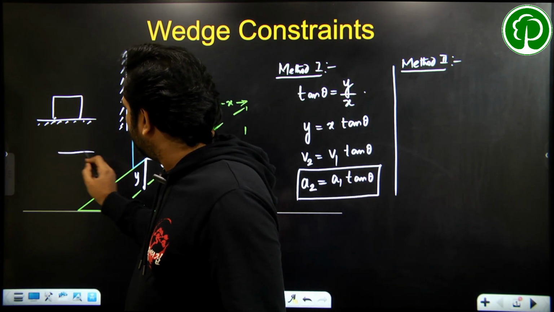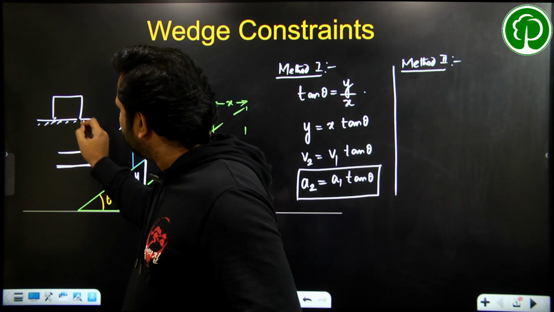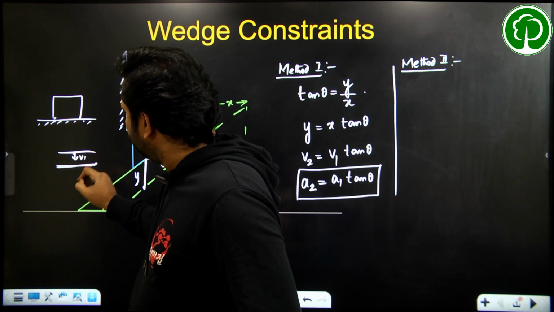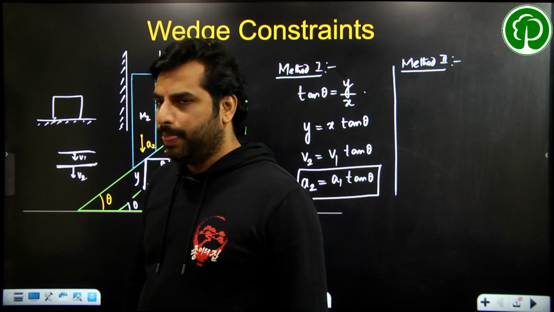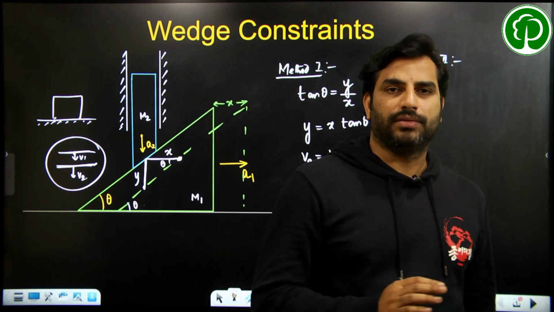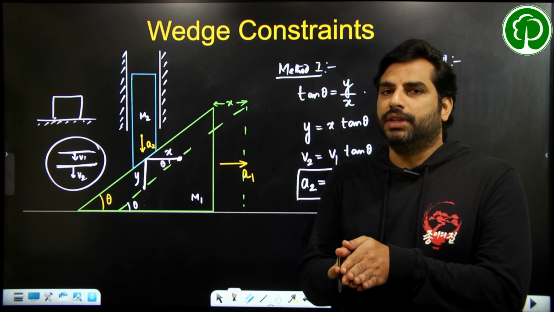Say this is surface 1 of the block, this is surface 2 of the ground. Perpendicular to the surfaces, if the velocity of one surface is v1 and the other surface has velocity v2, then v1 must be equal to v2. Only if v1 is equal to v2 are they in contact with each other.